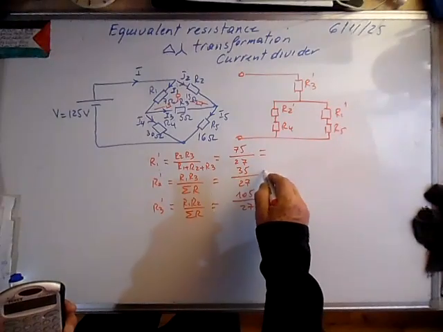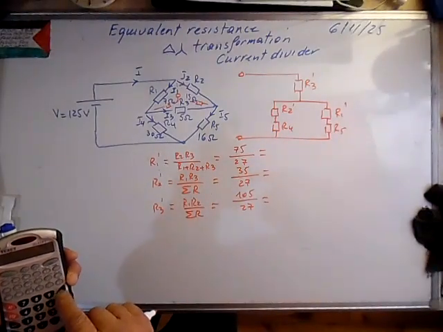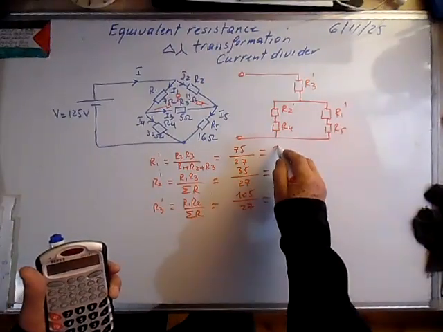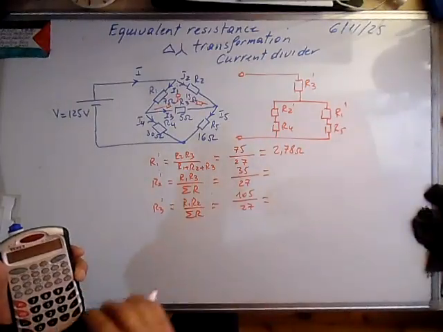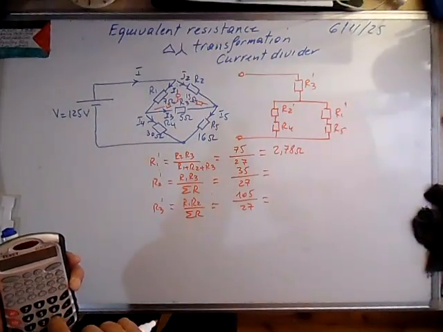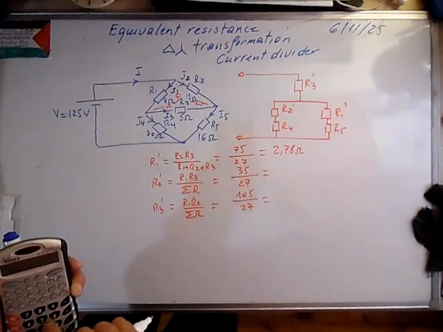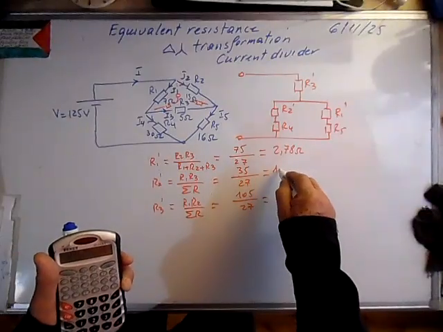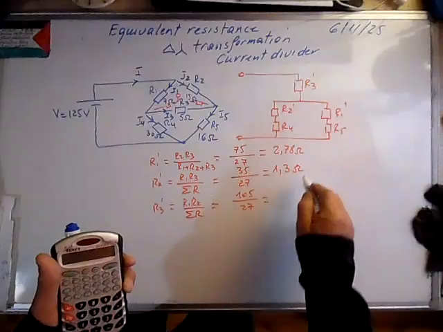So R1 prime is 75 divided by 27, it's 2.78 ohms. 35 divided by 27, this is 1.3, we can say 1.3.